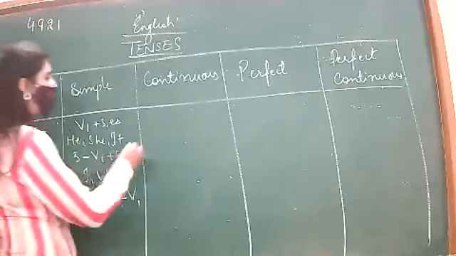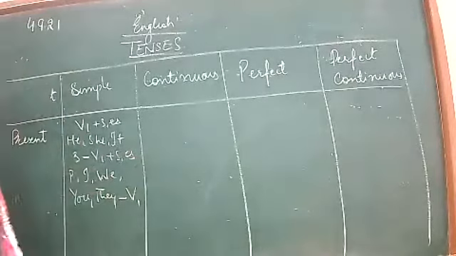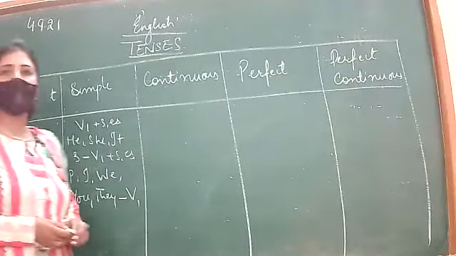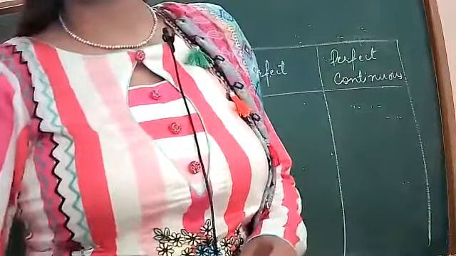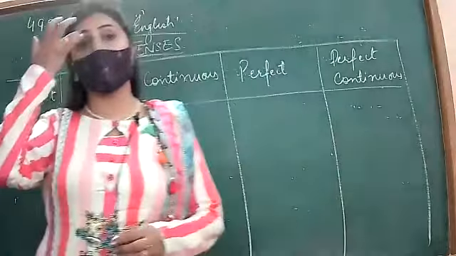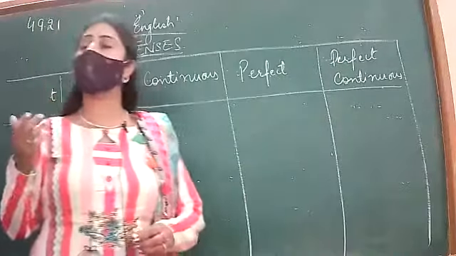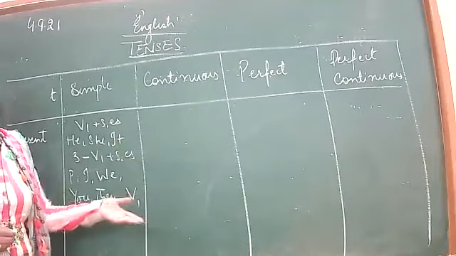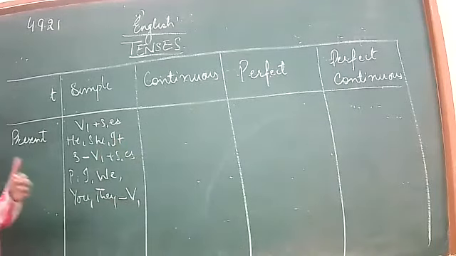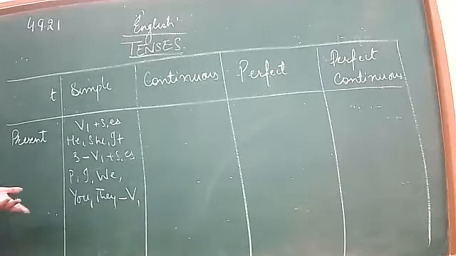Next, we have continuous tense. Where is continuous tense used? When the action is in progress, when the action is in continuation. The action starts in the present and it continues further.